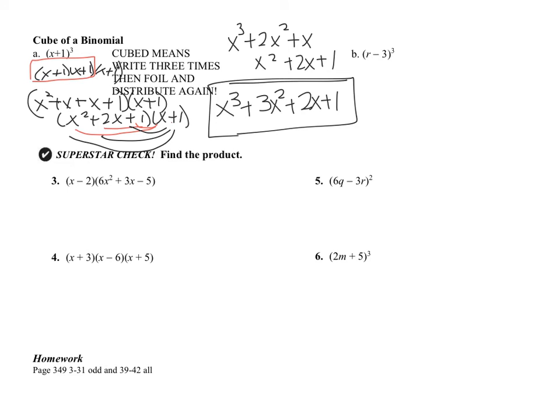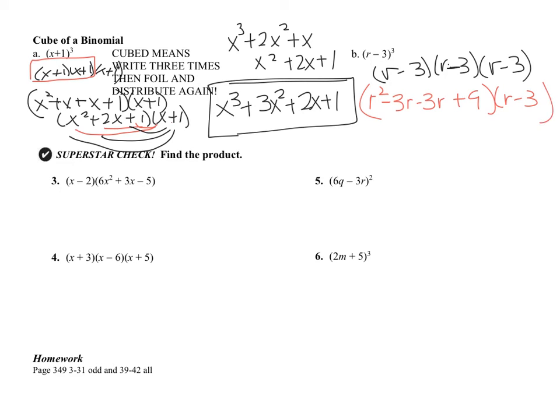All right, and then we do part B over here. Same thing. Let's do another one together to make sure that you're a superstar. Oh my goodness. All right, so FOIL the first two. First, outside, inside, last. Combine like terms.